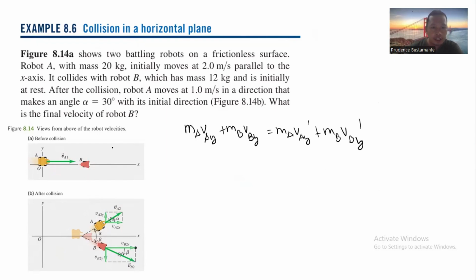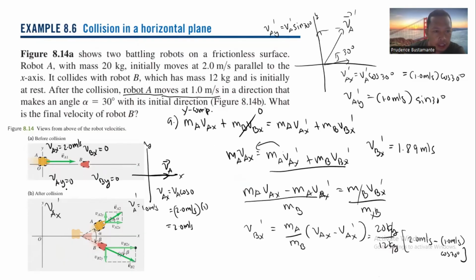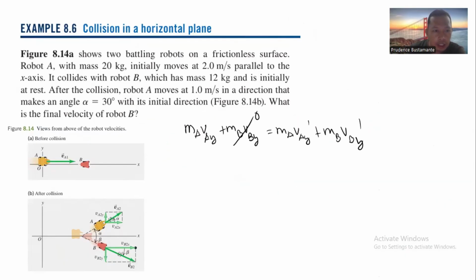If we say the initial is equal to 0, our VAY has no y component, our VBY has no y component. Our VAY is equal to 0, our VBY is equal to 0. Our VAX is 2.0, our VBX is equal to 0 also. So initial, this is equal to 0.